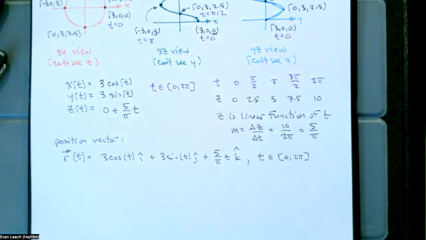Question? Comment? Deep thought? Remember what we want to do with this path. We're going to take this path, stick it into a vector field, and see how the vector field affects the path.